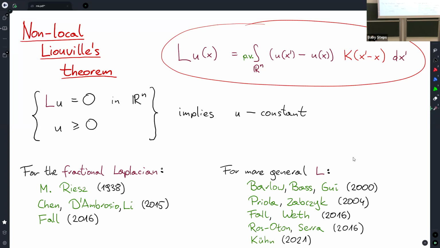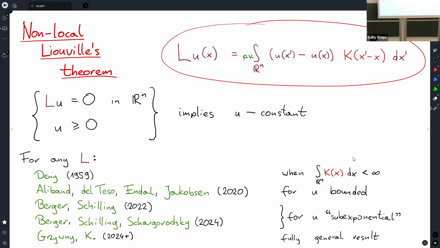And when you ask the question for general operators of that form, which we call Lévy operators, then there's a fantastic paper by Deny from 1959, where he studies the case where K is bounded, where the integral of K is finite. In this case, as I mention on the next slide, the problem is of a slightly different nature, and you can use more standard potential theoretic methods.